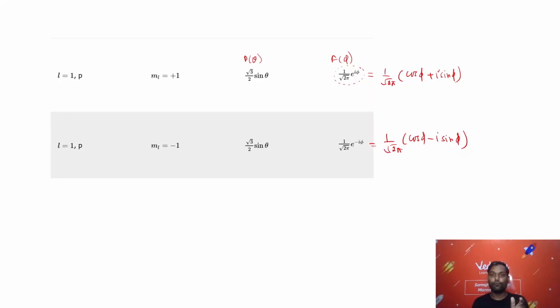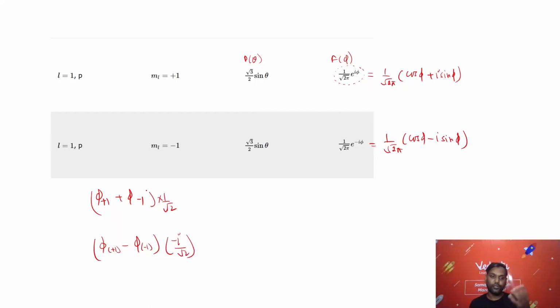imaginary part? So we find out another phi function by the combination of ml+1 and ml-1. One of the wave functions that we get is by this transformation, phi +1 plus phi -1 into 1 upon √2, and the other one we get by this transformation, phi +1 minus phi -1 into minus I by √2.